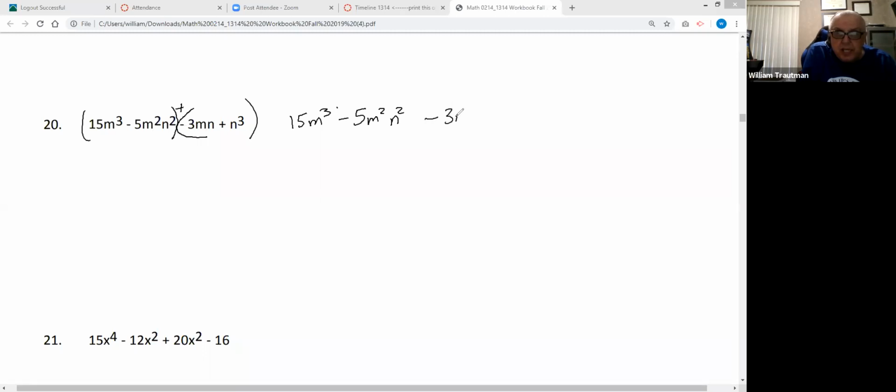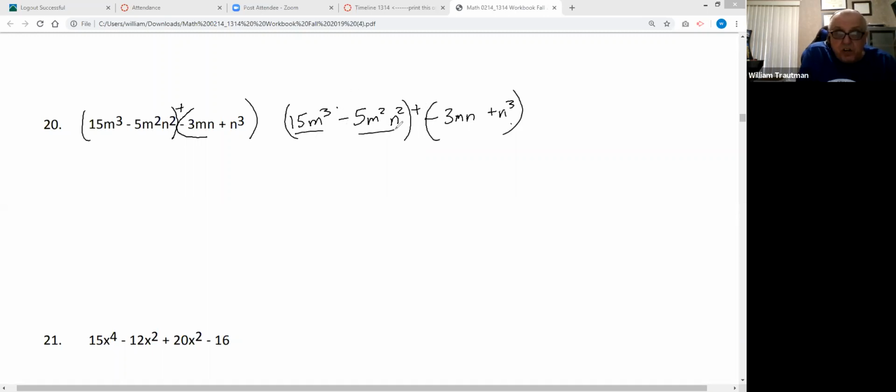Minus 3mn plus n cubed. So we put a parentheses around the first 2 terms, around the second 2 terms, make sure there's a plus sign between it.